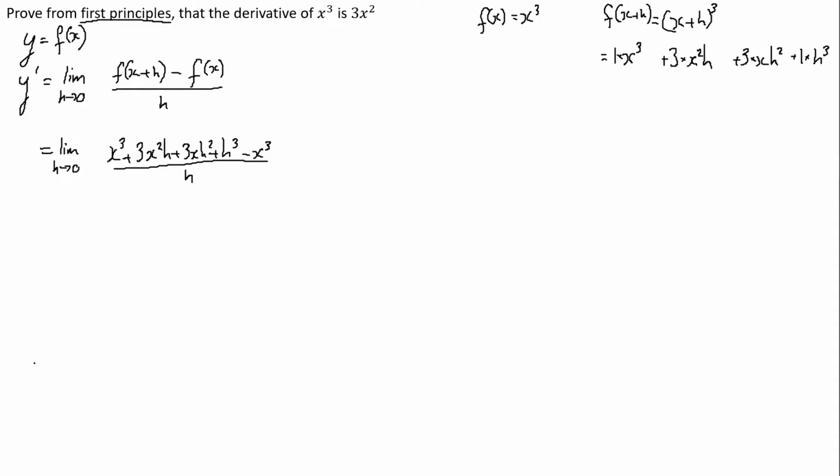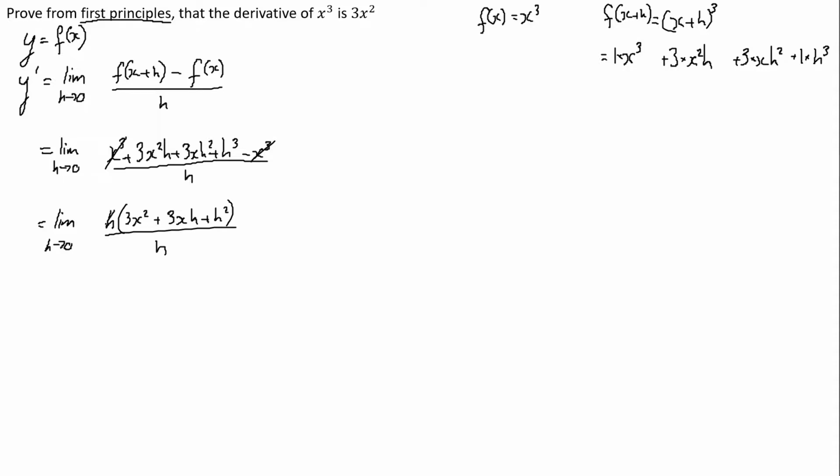Now, some of you are going to notice straight away you've got x cubed minus x cubed. The next step, if you notice, each of these has an h in them, so you can factorize it out and then divide it. So I'm going to say as my limit as h approaches 0, I'm going to factorize the top, which leaves me with h bracket, what's remaining: 3x squared plus 3xh plus h squared, all divided by h.